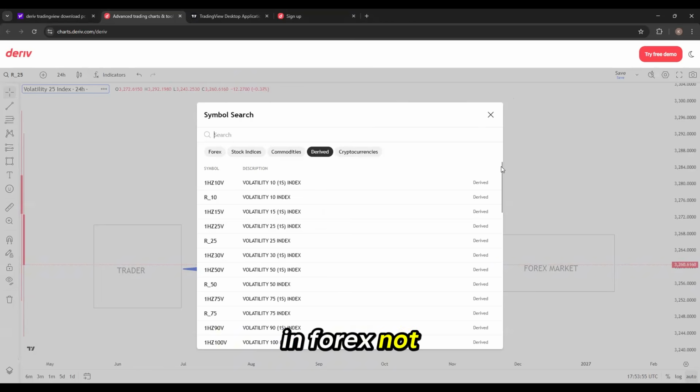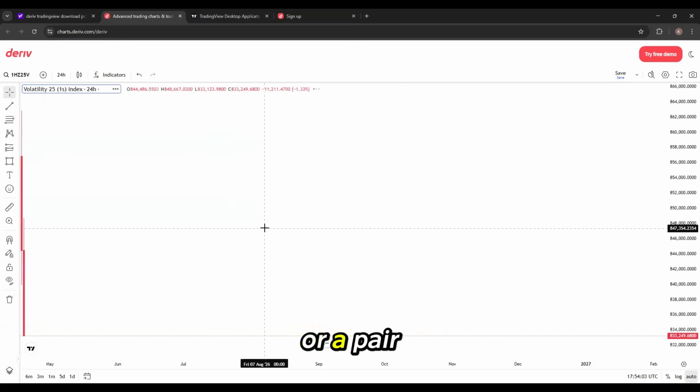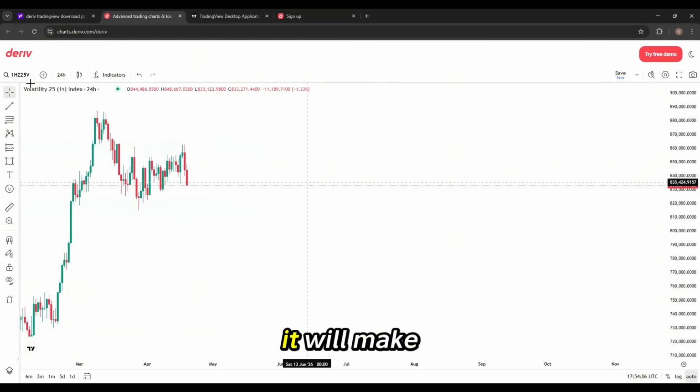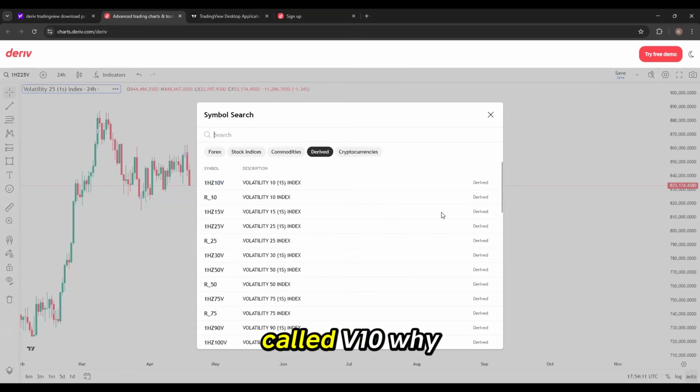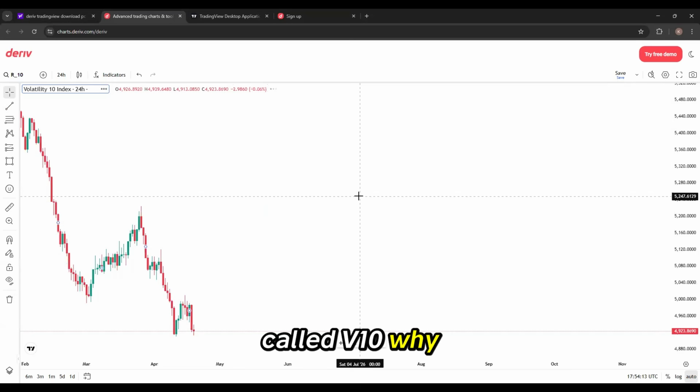In Forex, not everything moves the same. You find out that a pair called volatility 25S will make you more money than a pair called V10. Why? Because of how volatile they are.